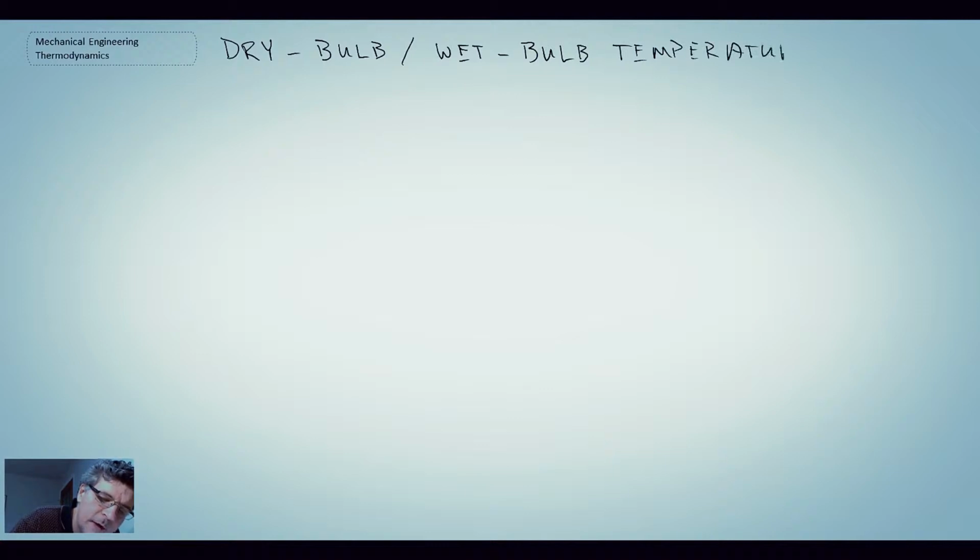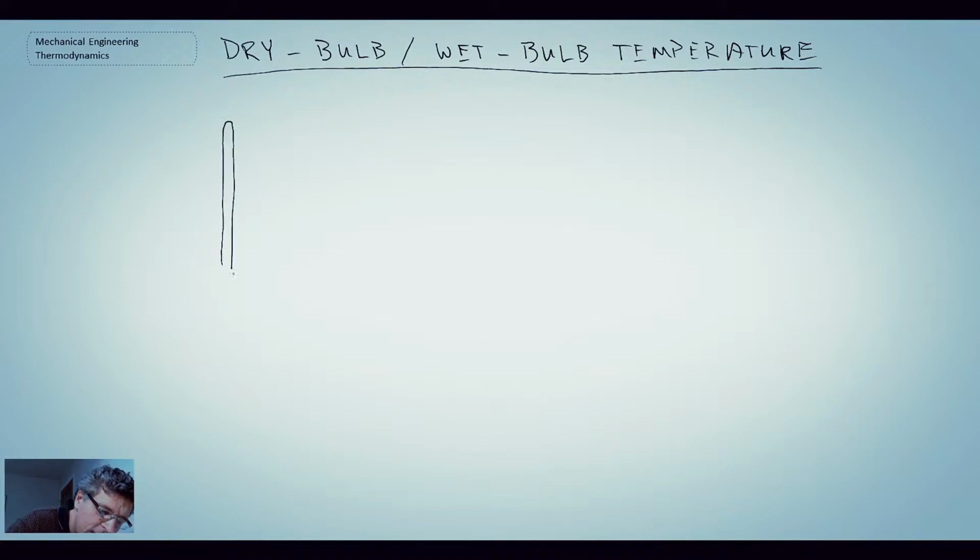Now there are electronic ways that we can measure these things, probably using things like conductivity of the air. But this is kind of an older, traditional way. It's a low-cost way of measuring the relative humidity of the air.